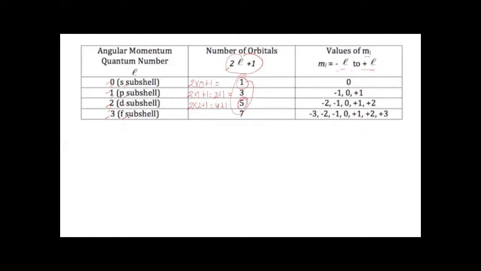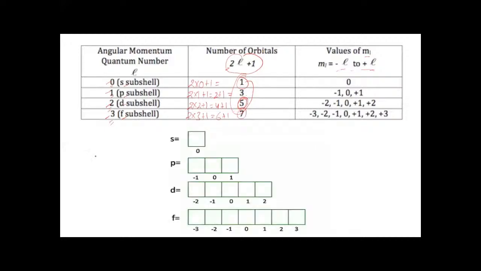If L value is 3, that is 2 into 3 plus 1, then 6 plus 1, that is 7. So S subshell is containing 1 orbital, P subshell is containing 3 orbitals, D subshell is containing 5 orbitals and F subshell is containing 7 orbitals.